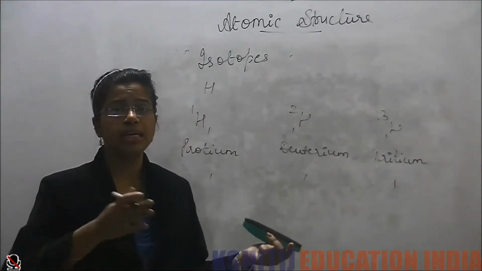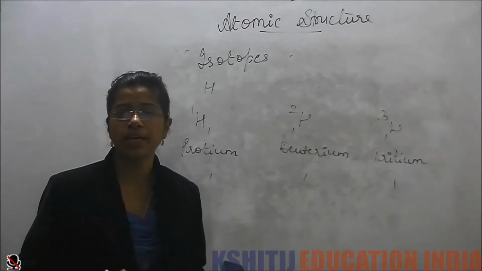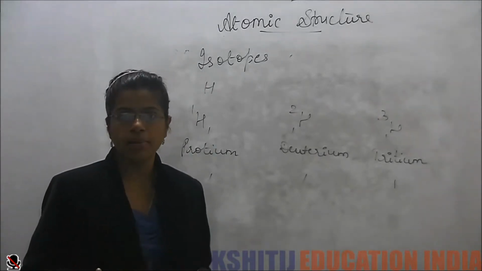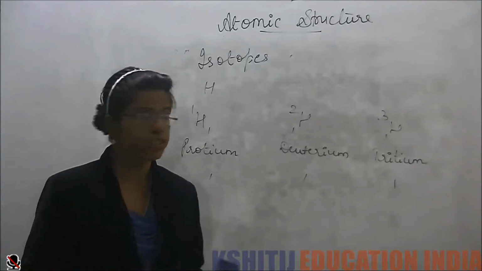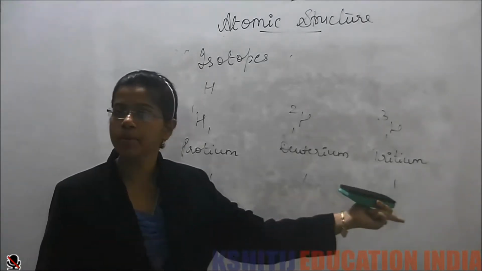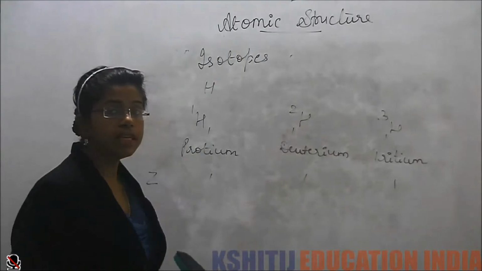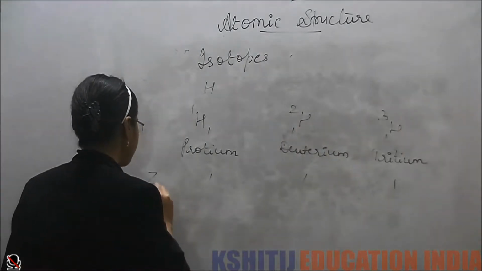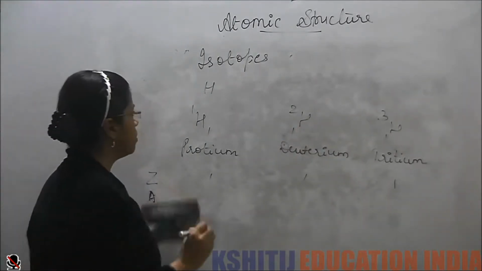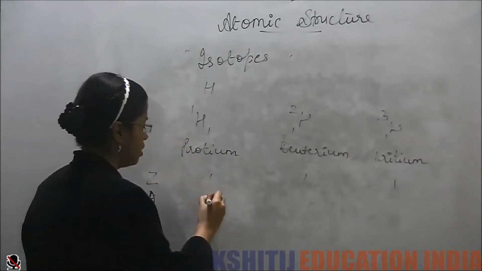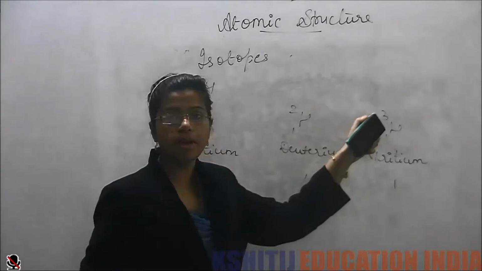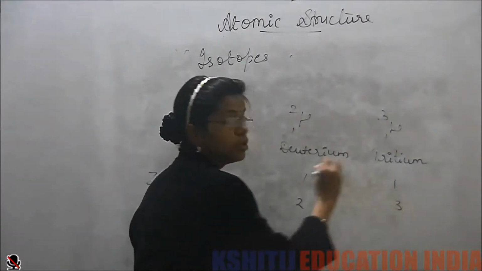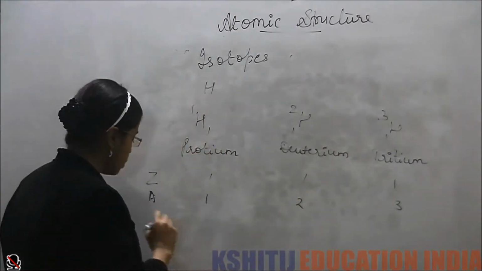So we know that any element is represented by its atomic number. Atomic number is used as a mark of identification for any element. So atomic number would be same in all the cases. If we see the mass number, here it is 1. Here we have mass number 2. Here we have mass number 3. So, number of neutrons in all.